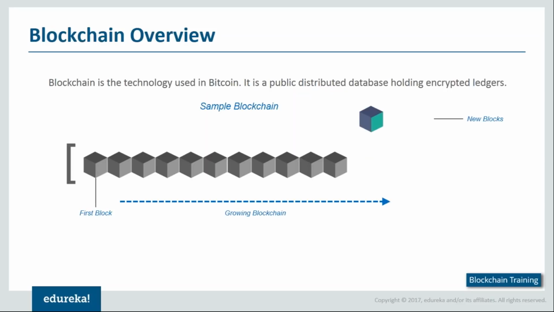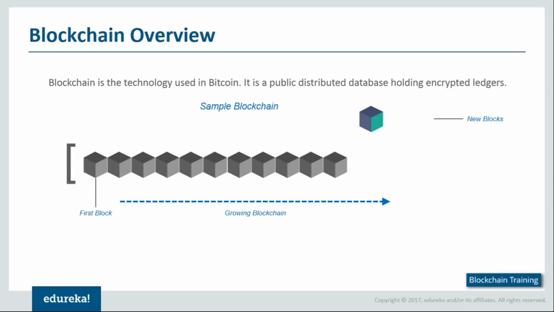Apart from that, blockchain in itself is a technology which is a publicly distributed database. In these databases, what you're basically storing are encrypted ledgers. You might be wondering what is present in these ledgers. As I mentioned earlier, the ledger holds a set of transactions which are verified and validated and have been completed after the previous block was created.